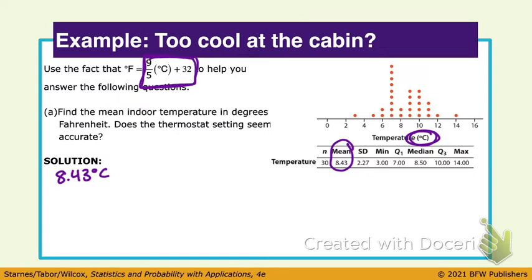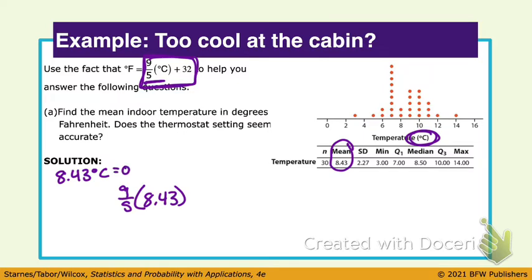The first thing I'm going to do is the multiplication, since the first thing in the order of operations is to multiply. When I am talking about the mean and I multiply, it does move the mean. And so I am going to take 9/5 and multiply it by 8.43.